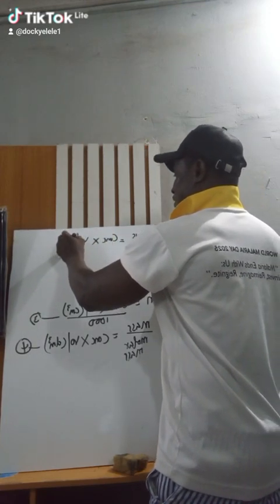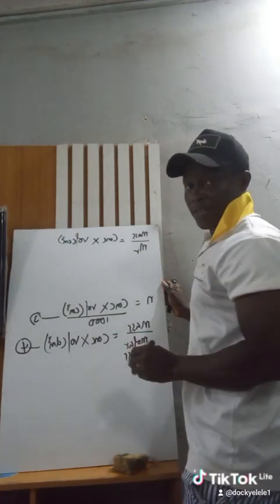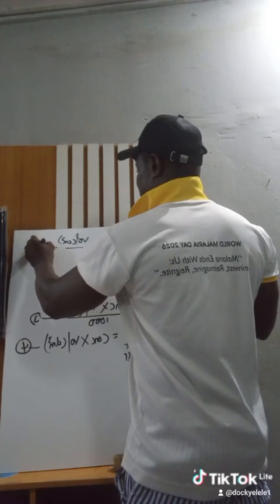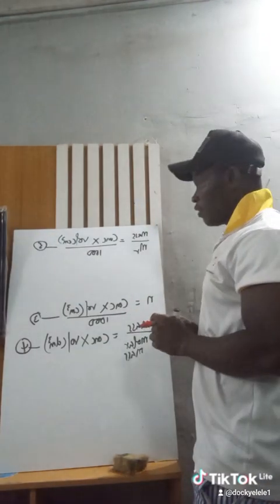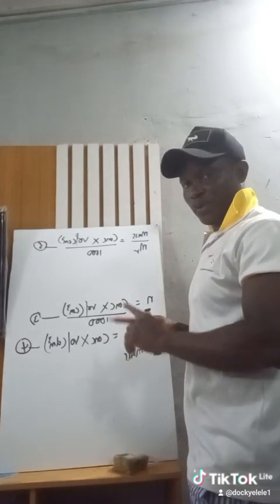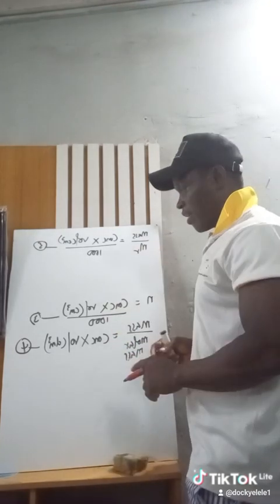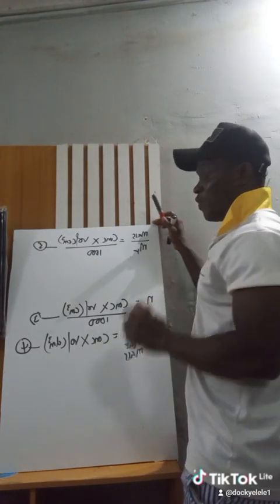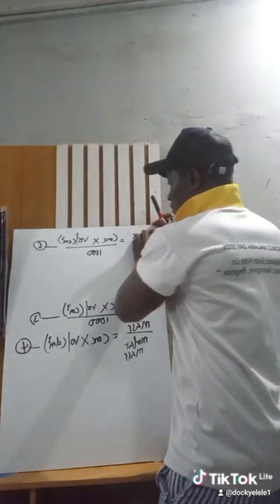If my volume is in cm cube, all I need to do is divide it by 1000. That is equation 5. So we have equation 1, 2, 3, 4 and 5. Alright, very simple. Now we are going to use them.